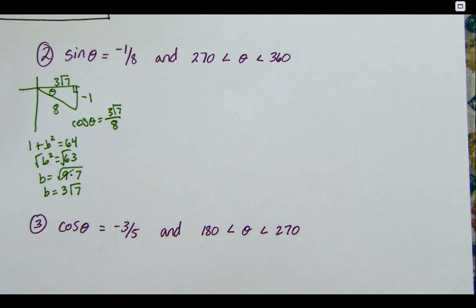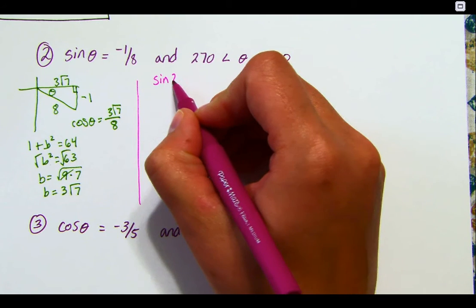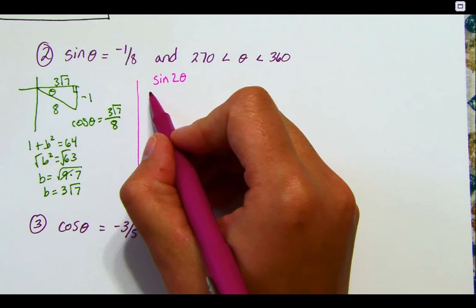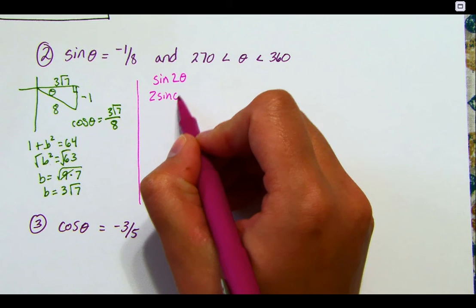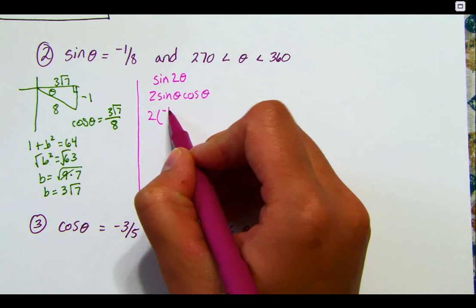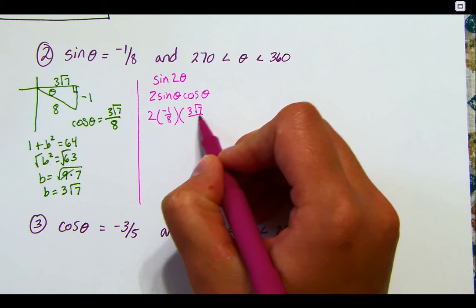And now I'm ready to start finding what the question is asking for. So again, starting with sine 2 theta, we are using the formula of 2 sine theta cosine theta. So this will be 2 times -1/8 times 3 square root of 7 over 8.